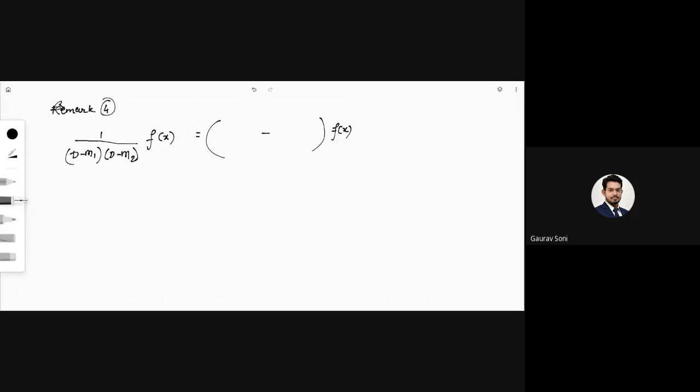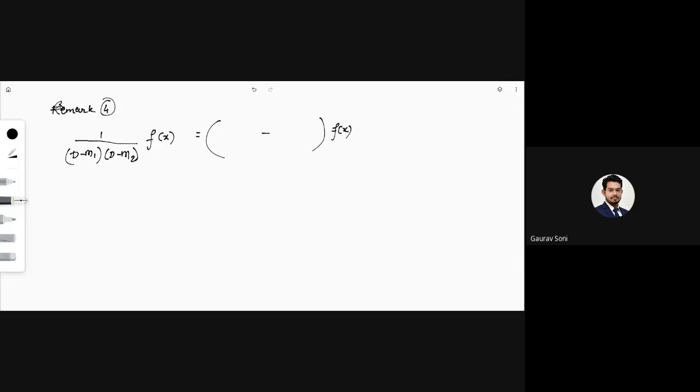The fourth one will use some of the basics that you have studied while solving integrations. Anyone? What can we do here? 1 upon bracket D minus m1 minus 1 upon bracket D minus m2.